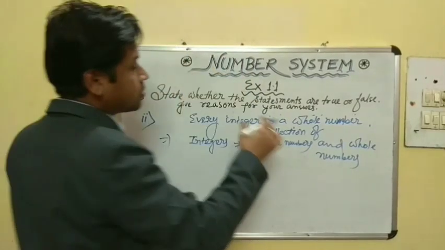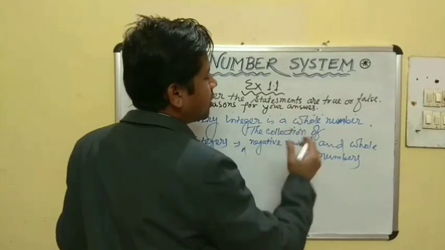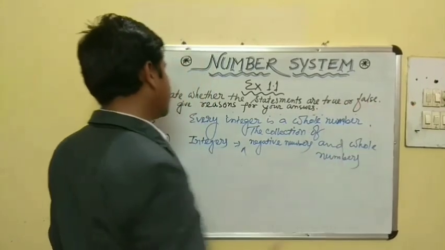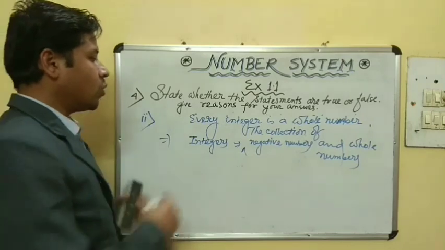We know negative numbers are -1, -2, -3 and so on. And whole numbers, we know, start from 0, 1, 2, 3. So these numbers are the whole numbers.